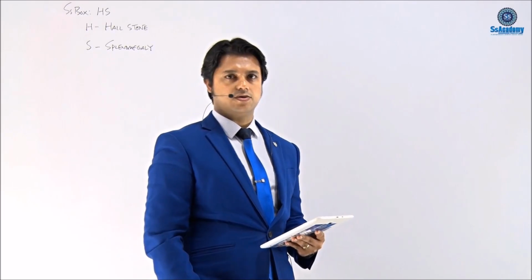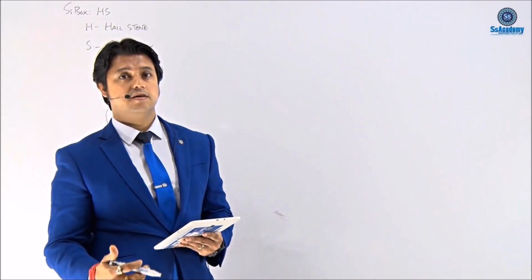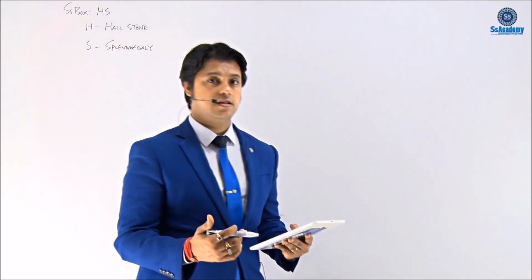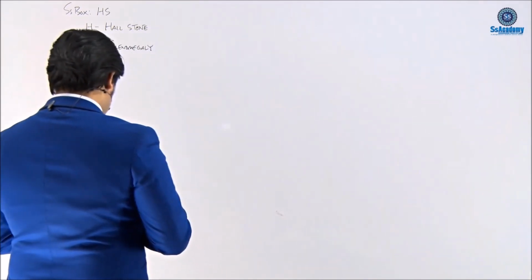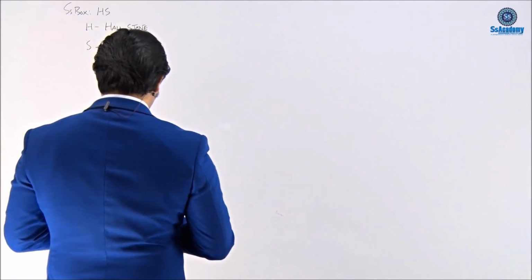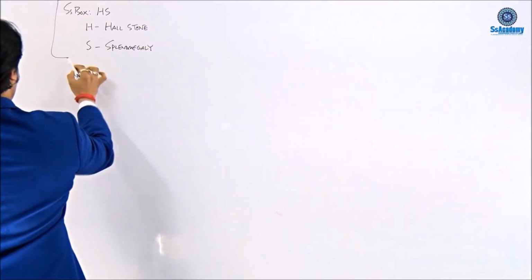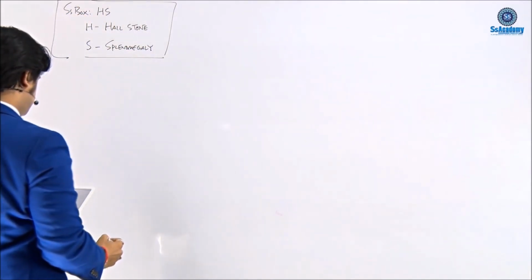Holstone is the gallstone. Gallstone and splenomegaly are more likely diagnostic of hereditary spherocytosis than G6PD. So make a box for HS: H for Holstone and S for splenomegaly.